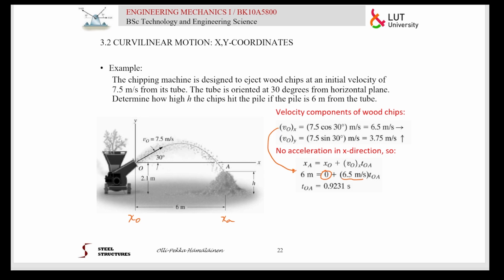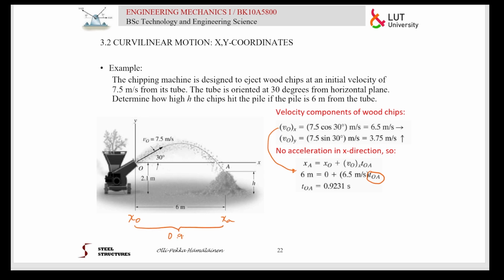So the only value of velocity that matters to me is the horizontal component of it. By utilizing these simplified equations, I get to know how much time it takes for this particle to reach from x0 to xA.